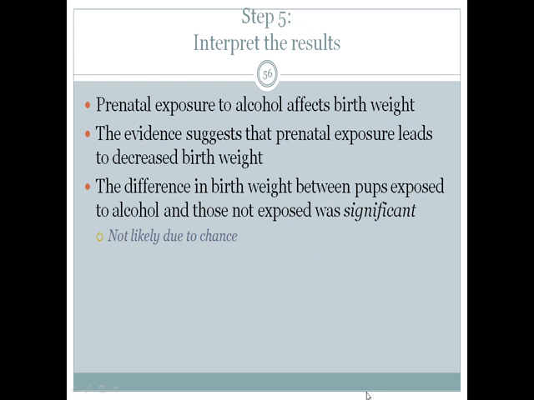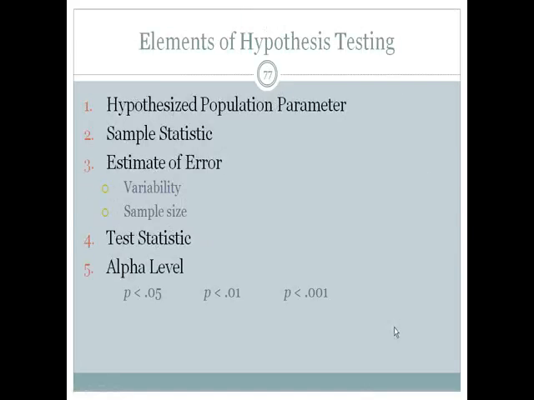Okay, now that we've gone through that example, let's summarize and go back through the different elements of hypothesis testing we've been talking about. So step 1, we have a hypothesized population parameter. And number 2, we get a sample statistic as part of the process. We have an estimate of the error.